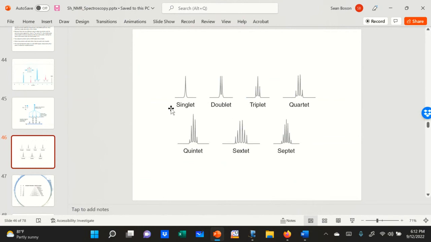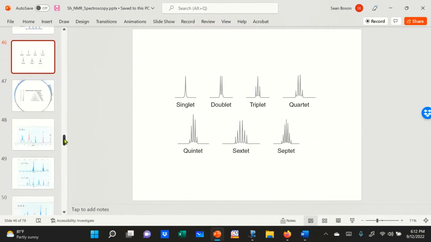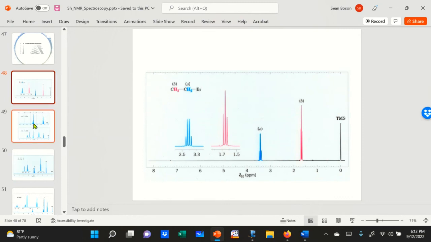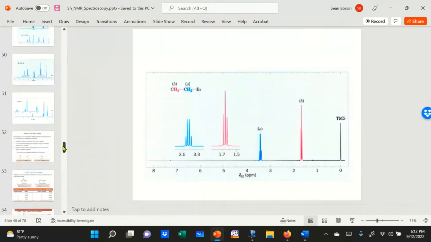So the multiplets are indicated this way: singlet, doublet, triplet; 4 would be quartet, 5 is quintet, 6 is sextet, 7 is septet, octet, nonet, etc. So that is the spin coupling discussion. There are a number of examples here, so read through this.